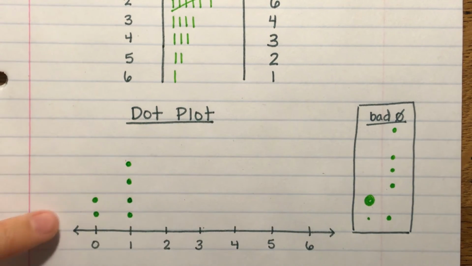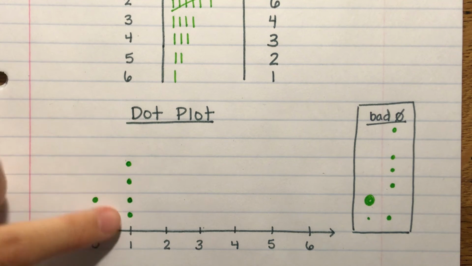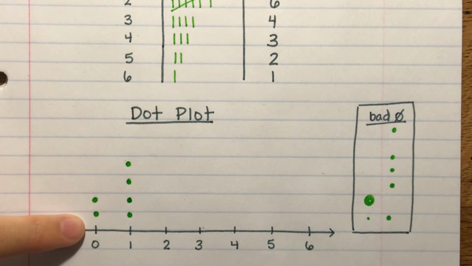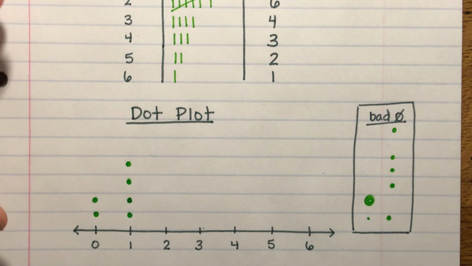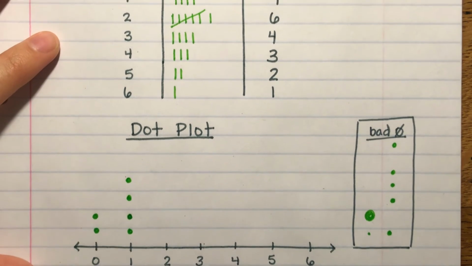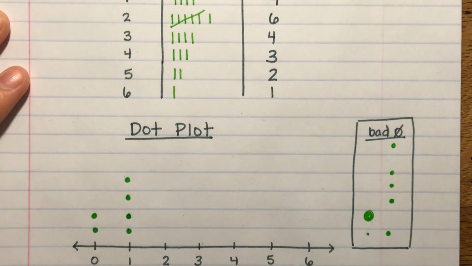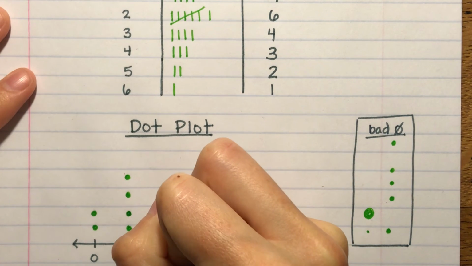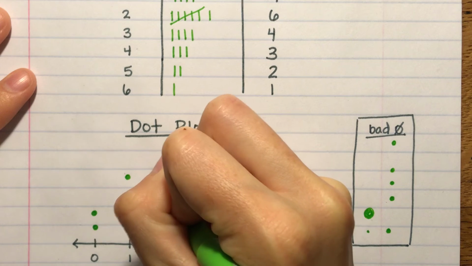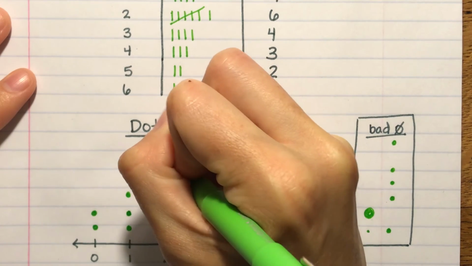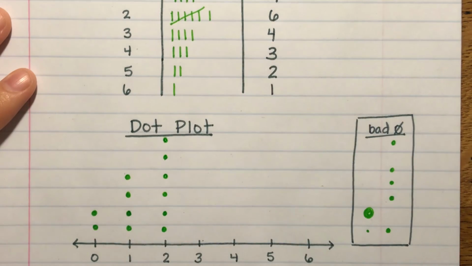And again, I tried to keep them the same size and the same spacing as I did with the zeros. Okay, now I'm going to go to the number 2. It says that there were 6 of them. So again, above the number 2, I'm going to put 6 dots, spaced pretty equally and also about the same size.